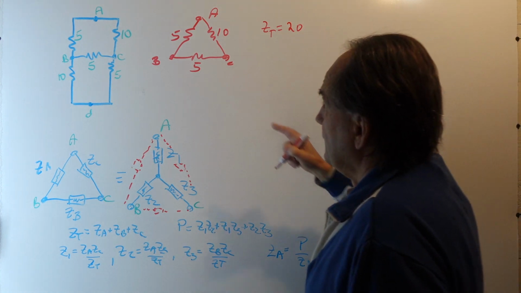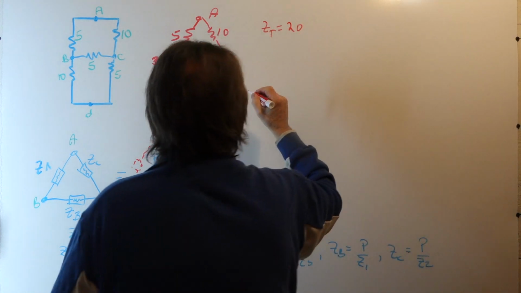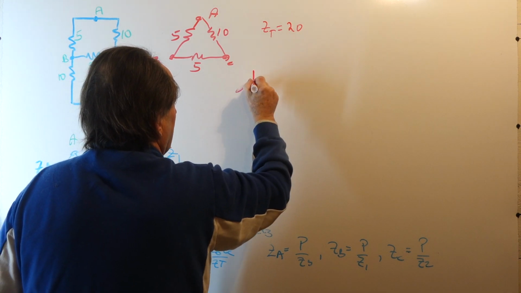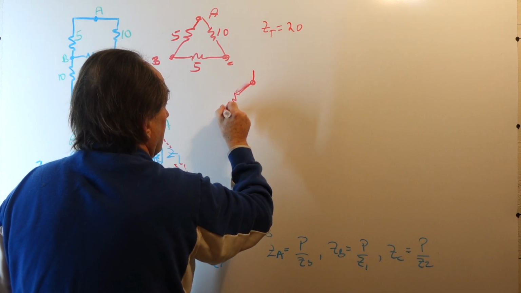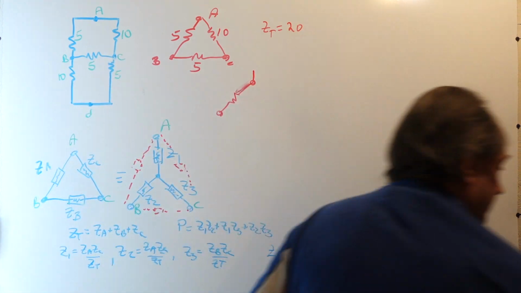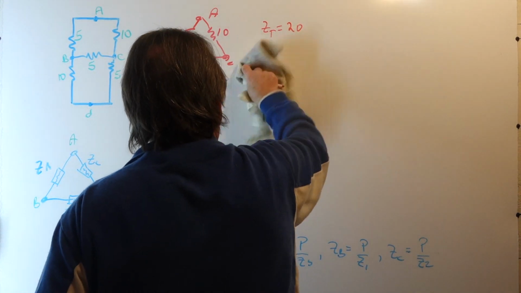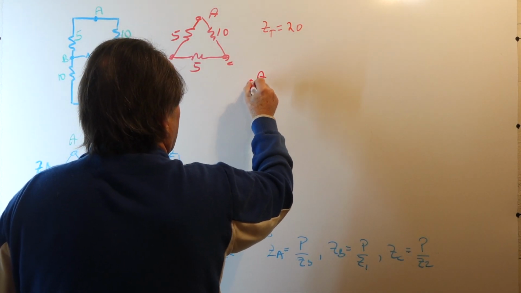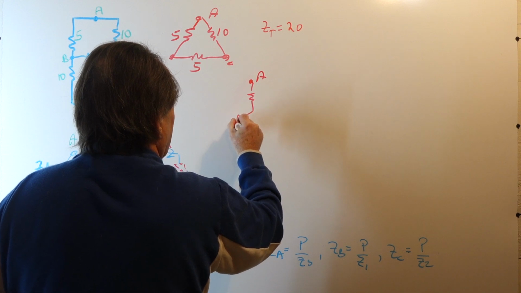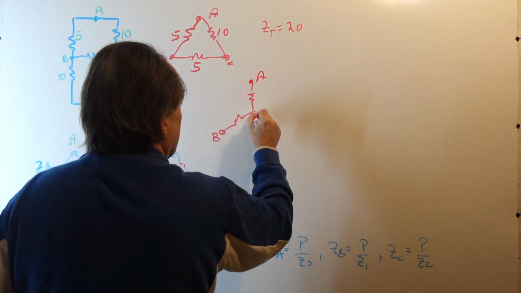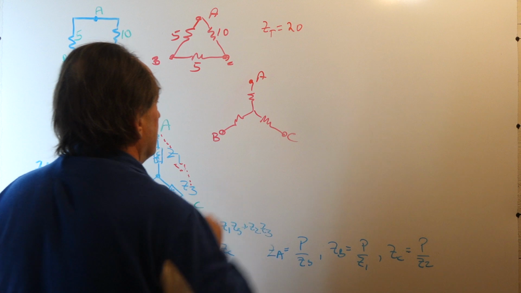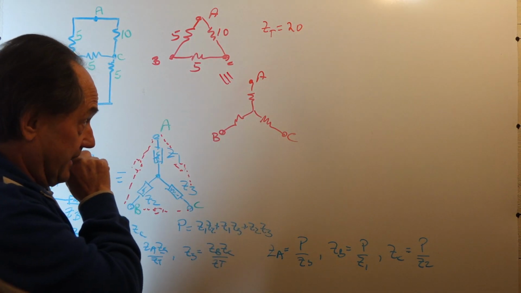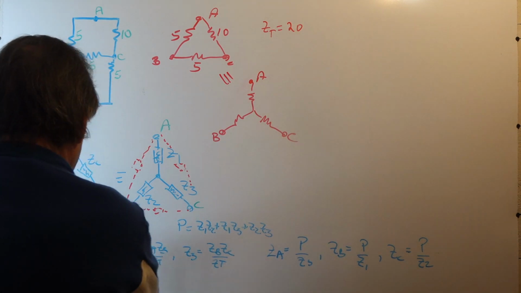Then what I want to do now is convert this into a Y connection. So here's node A, here's node B, here's node C. I want to convert this delta into a Y. So here are my conversions.